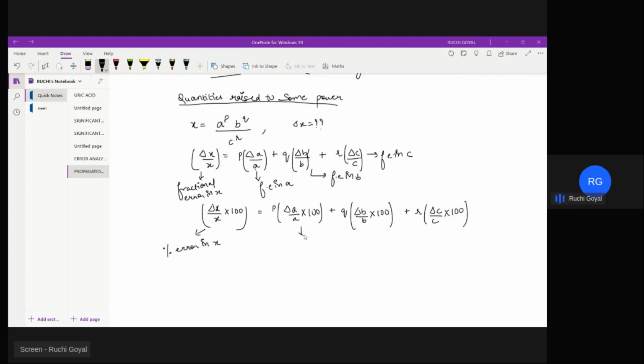So these are the percentage errors in a, b and c. So how can we calculate these questions?